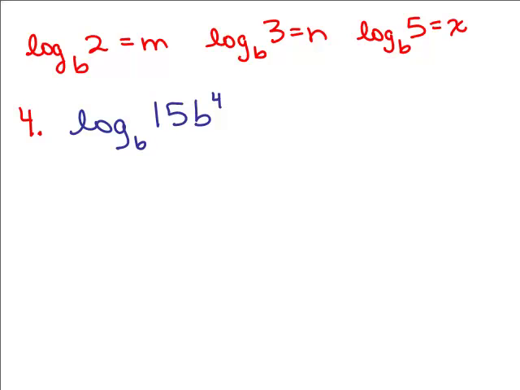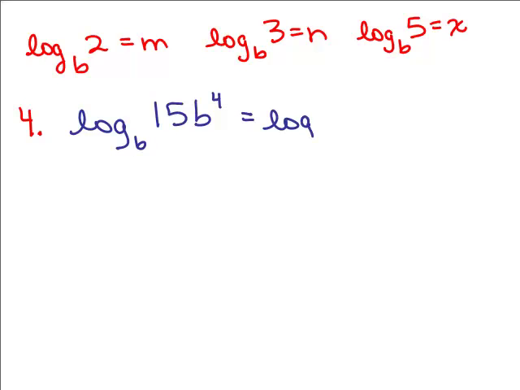All right, here's another one that's just a little bit different. We've got log base b of 15b to the 4th. See if you could do that one on your own. Okay, let's see. Well, we've got a product first. I have 15 times b to the 4th, or I can actually break that 15 down to 3 times 5. So just keep that in mind.